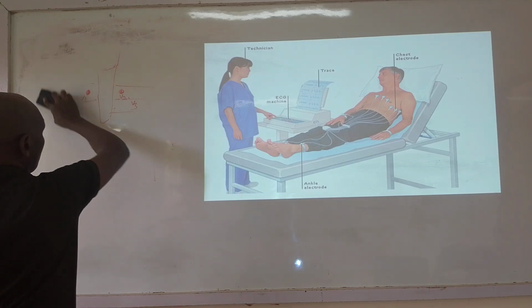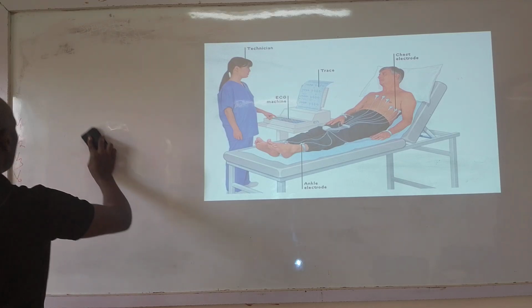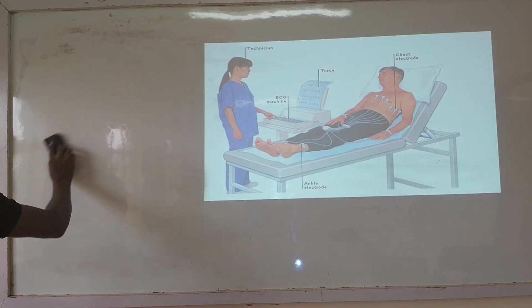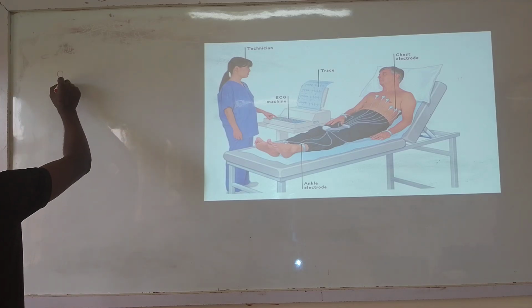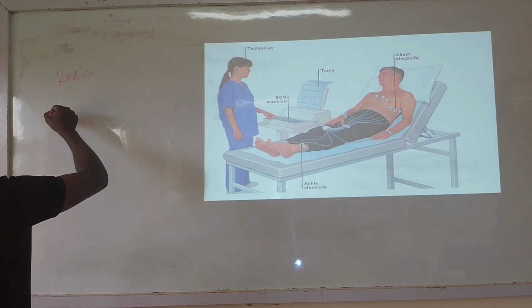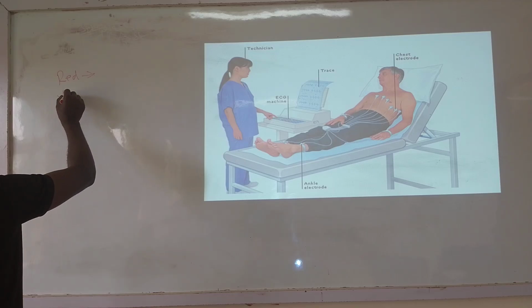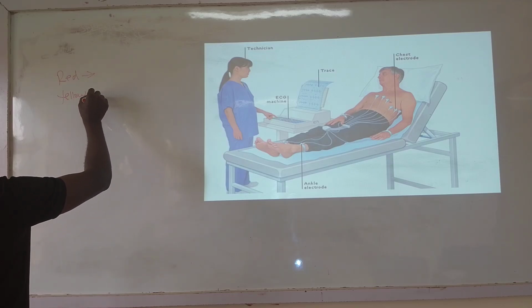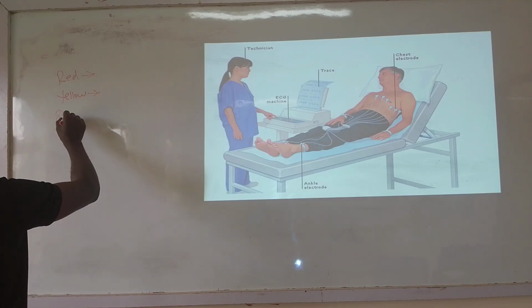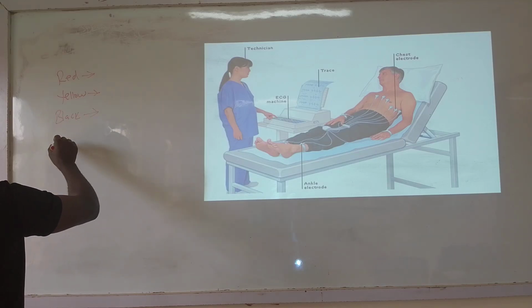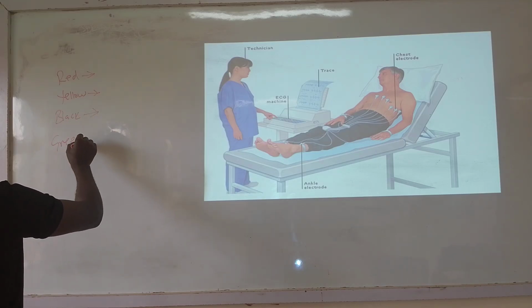The limb electrodes are 4 in number, and they are color coded. So we have red, then yellow, then black, then green.